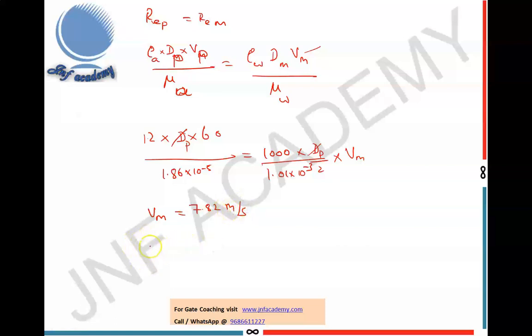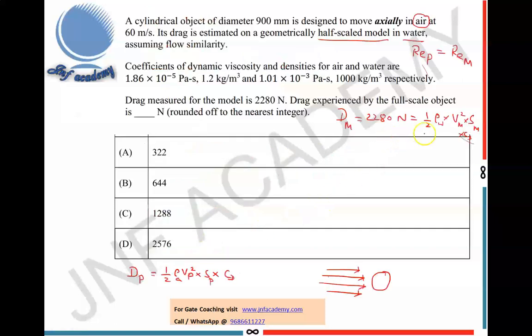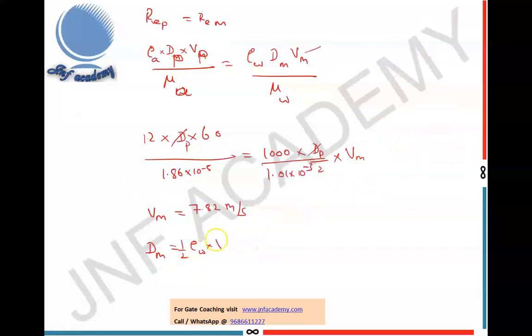Now let's use the drag equation of the model. So Dm is equal to half of rho water into Vm square into Sm into CD.